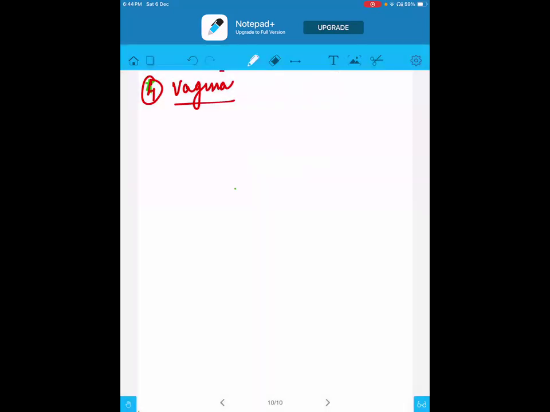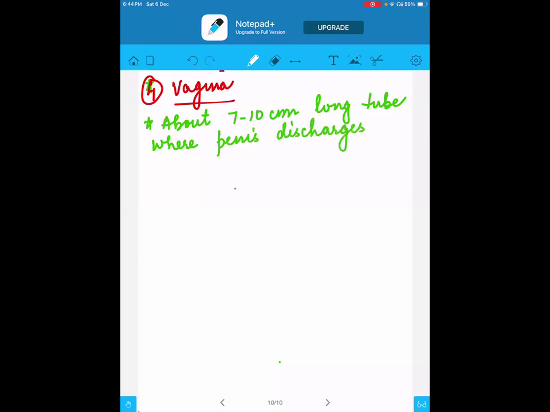Now in this case, it is almost about 7 to 10 centimeter long tube where the penis discharges sperm. So this is a place where the males will be discharging their sperm into the vagina, and then through the vagina it goes to the cervix, and from the cervix it goes to the fallopian tube for the fertilization.